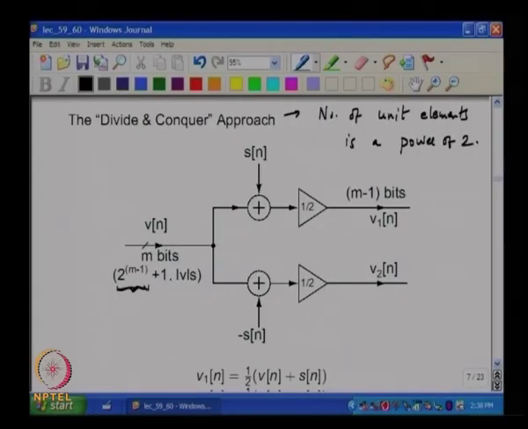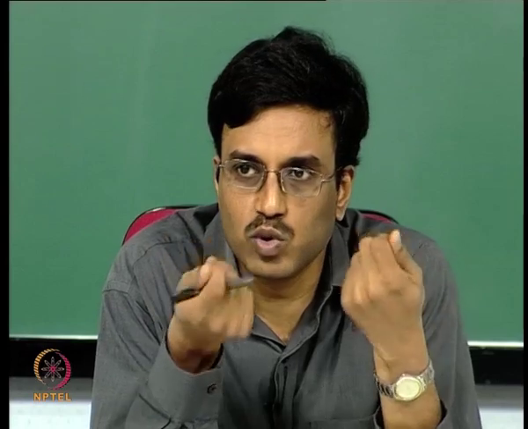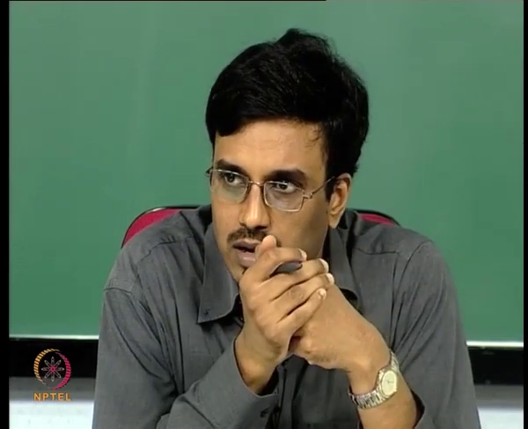How many bits do you need? What is the smallest number of bits you need to be able to represent so many levels? 2 to the m minus 1, right, plus 1 level. What is the minimum number of bits you have to use to represent? You need m bits, correct. Of course, I mean it is almost a m minus 1 bit number, okay, but since you have 1 extra, you do need 1 extra bit.